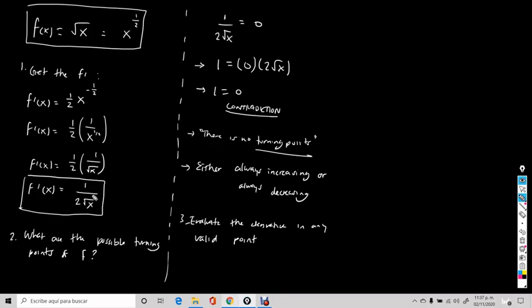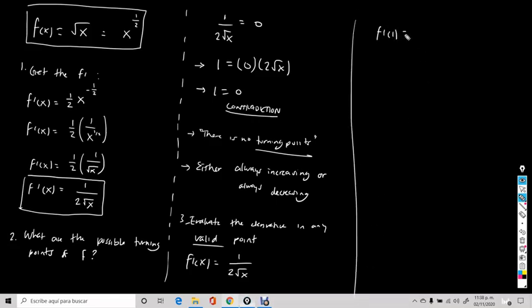Because if this is my derivative, I cannot evaluate this in negative values of x, right? So you're going to evaluate in any valid point. For example, in 1. So let's evaluate f prime of 1. That's going to be 1 over 2 times the square root of 1, which is 1/2.